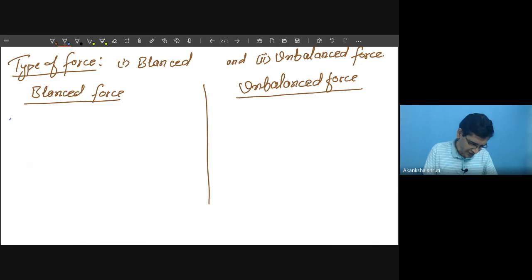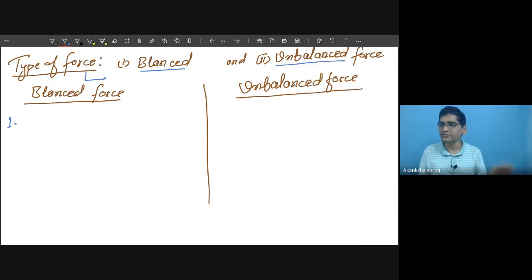Students, both are forces, but we have to keep in mind that balanced force means if more than one force is acting, then this situation of balanced and unbalanced force arises. So first we have to understand this type of force. This classification is for more than one force.